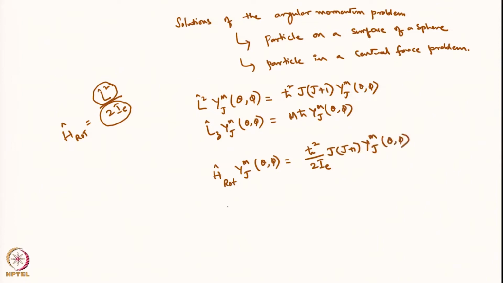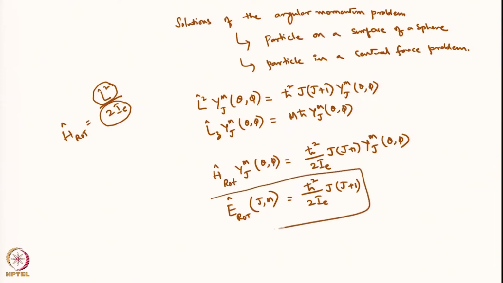So E rotation will depend on two quantum numbers j and m, that is equal to h bar square by 2IE j into j plus 1. Even though the wave function depends on m and j, the energy depends only on j. So that is your E rotation.